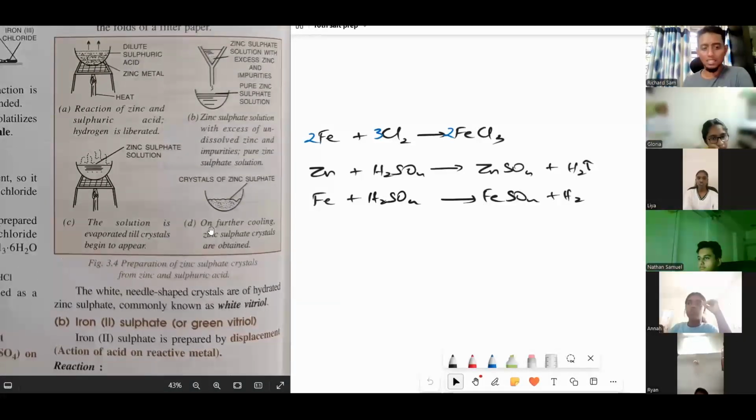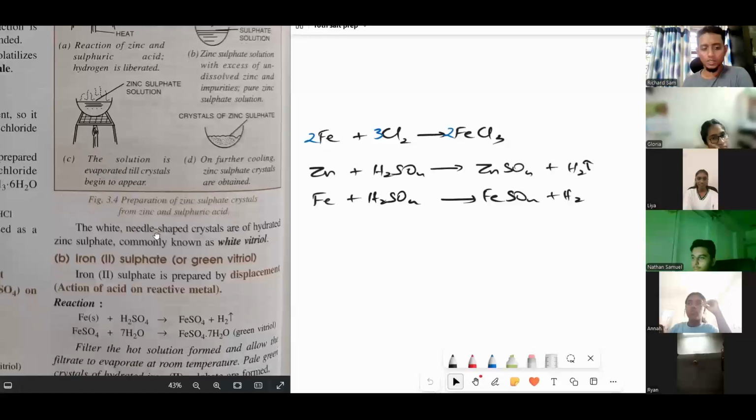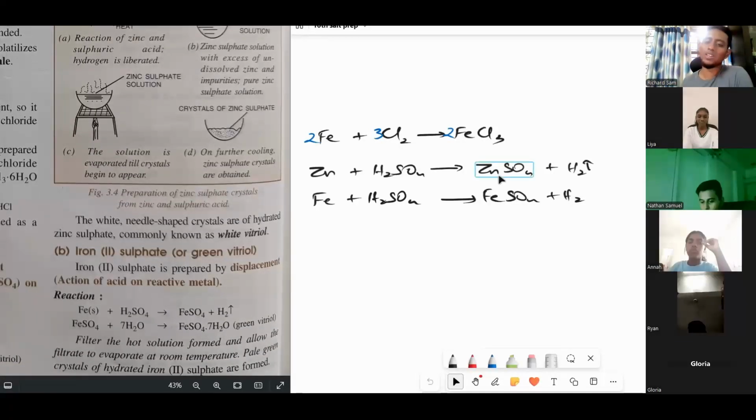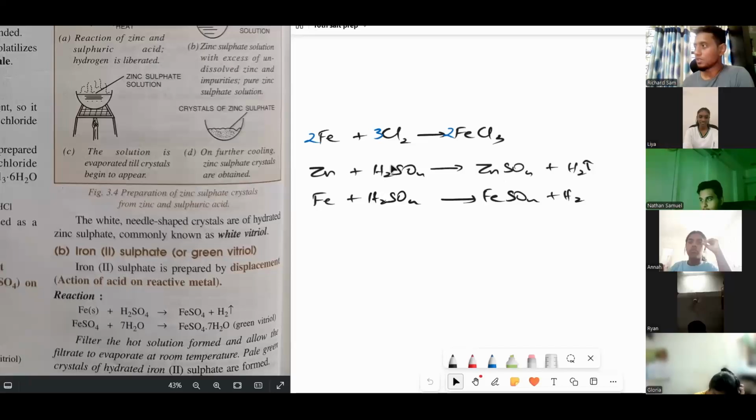Oh yeah, and these two salts that are formed, you will not get anhydrous. You will get hydrated. That means they will join with the water. So there's a lot of water here along with the sulfuric acid, right? So it joins with the water and it forms hydrated salts. You'll get these spiky, pokey salts.